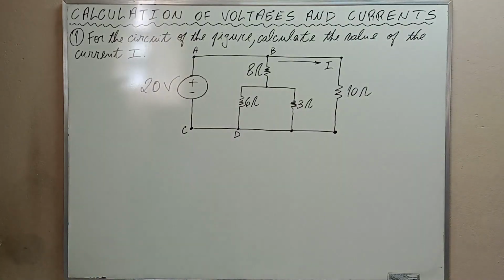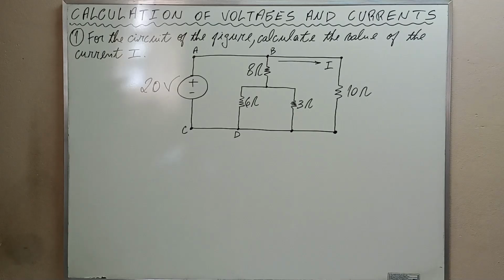Exercise number 1 says, for the circuit of the figure, calculate the value of the current I. This is the question. Let's go to the solution. This is an extremely simple exercise. Observe that the voltage of the source is being applied directly on the 10 ohms resistor.